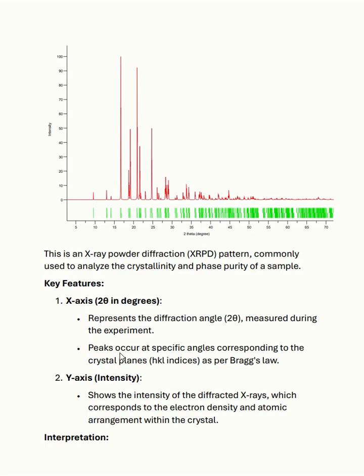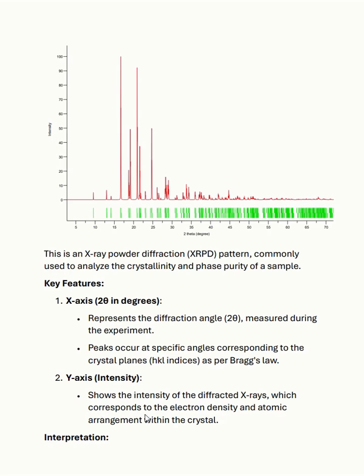and these peaks are observed corresponding to different HKL planes as per Bragg's law. So for different planes, when we apply Bragg's law, we get different peaks at different angles. And on the y-axis there is the intensity of the diffracted X-ray, which means that at these peaks there is constructive interference of the diffracted rays.